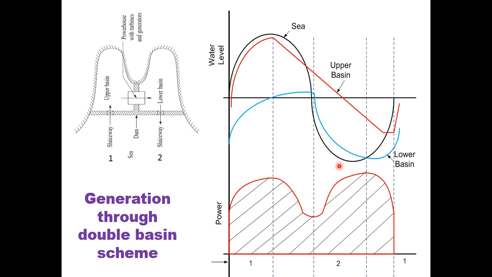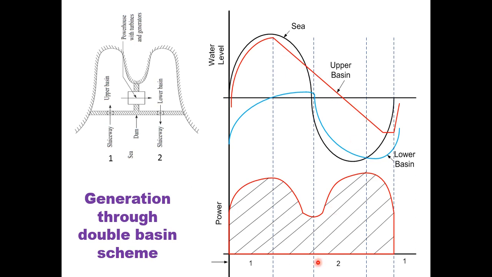So when sluice gate 1 is open during this period till this point, and when it is closed, sluice gates 1 and 2 are both closed. At that time also the upper basin is emptying through the TG set to the lower basin. When sluice gate 2 opens, for this period sluice gate 2 will be open.